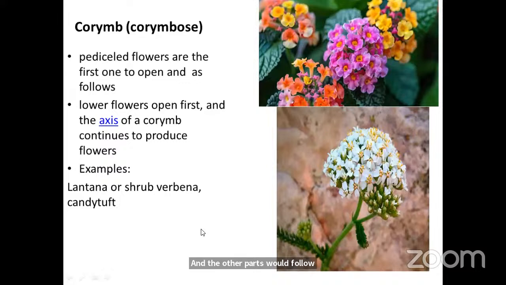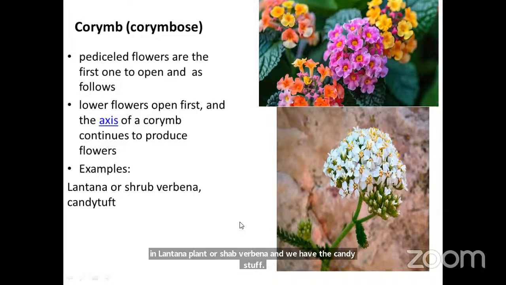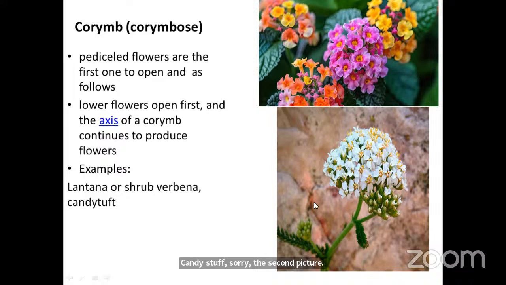So the lower flowers open first, and the axis of a corymb continues to produce flowers. Examples of corymbose or corymb inflorescence include those in the lantana plant or shrub, verbena, and the second picture. So these plants have what we call corymbose or corymb inflorescence.